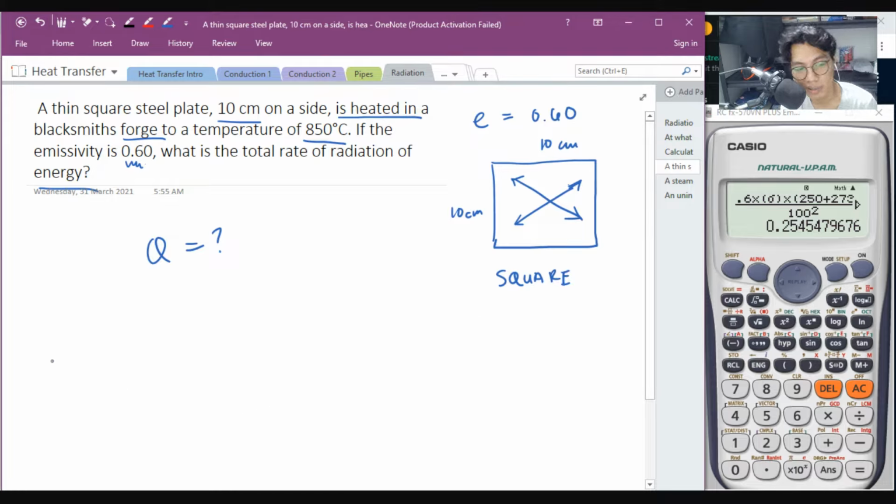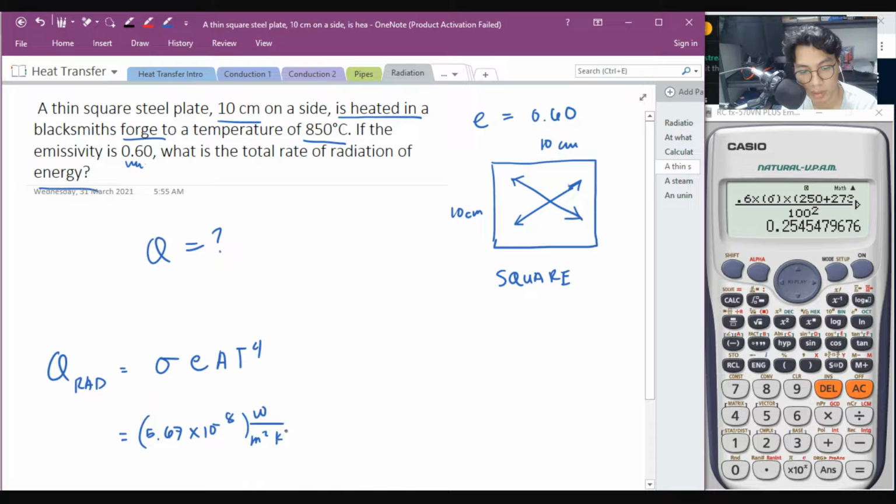So, the radiative heat is equal to sigma E A T to the fourth. You already know the value of sigma, 5.67 times 10 to the negative 8 watt per meter squared Kelvin to the fourth. Then you multiply it with emissivity 0.60.